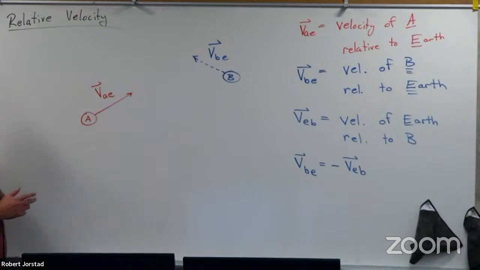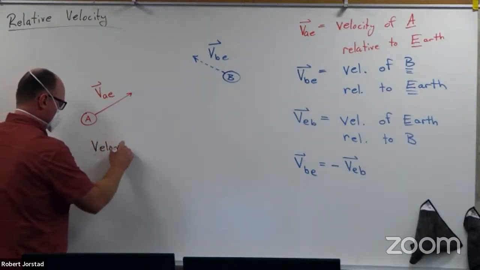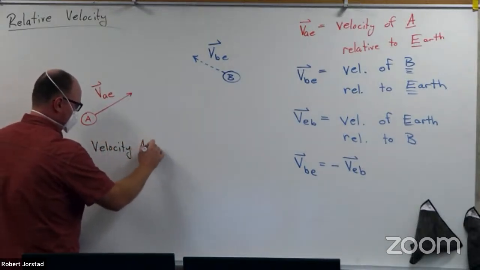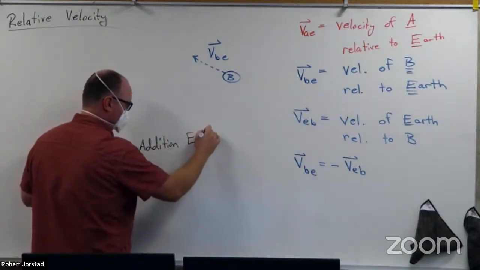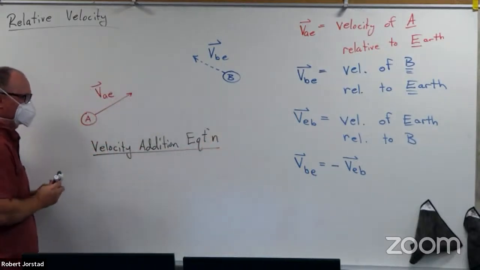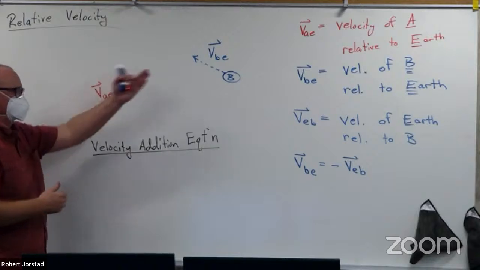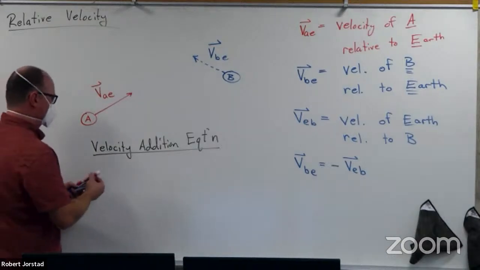And here is what's called the velocity addition equation. What matters in these problems is we usually want to understand the velocity of A relative to B, or use that information to figure these things out. So it's crucial to understand this equation.